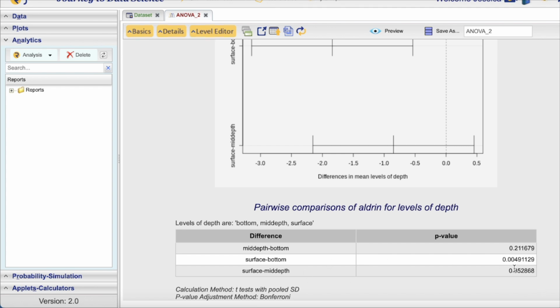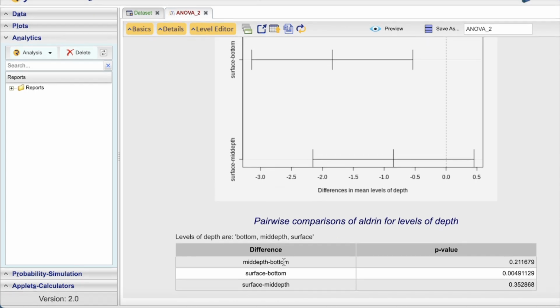And then surface versus mid depth, notice that it's a large p-value. Even with the Bonferroni adjustment, which it did for us, we would fail to reject. So the only difference is bottom versus surface. So there's probably more Aldrin in the bottom than there is in the surface.